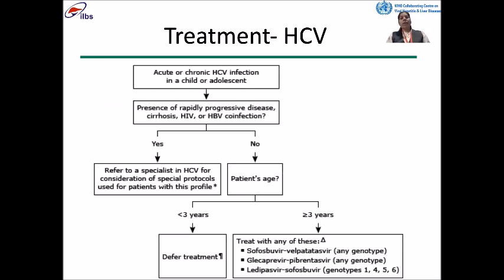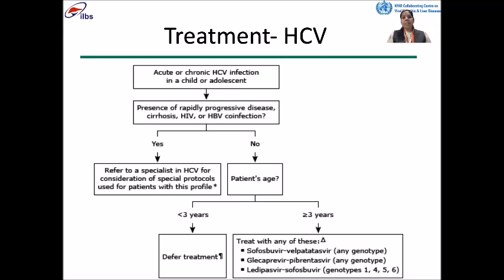In case of acute or chronic hepatitis C virus infection, either in a child or adolescent, we have to see mainly for the presence of any rapidly progressive disease, which could be cirrhosis or HIV or HBV co-infection.